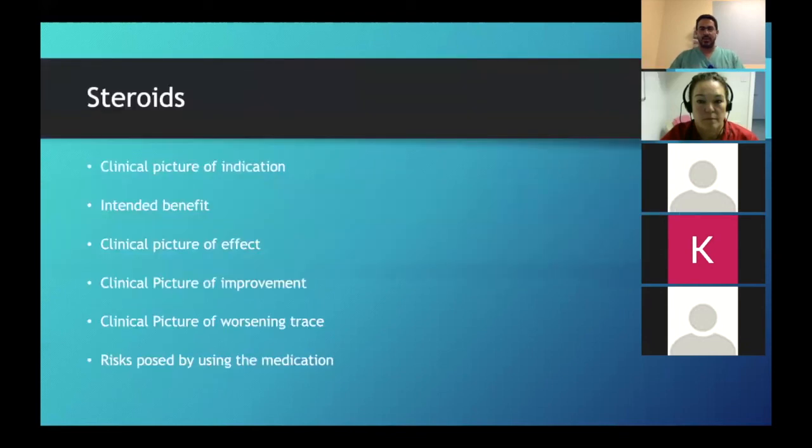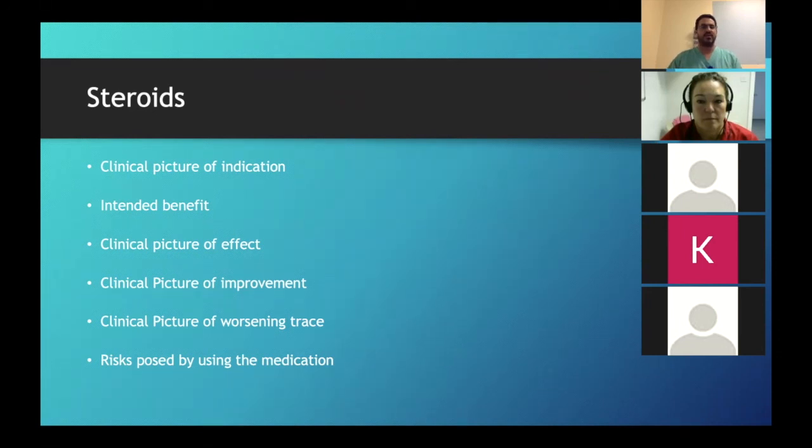Okay. So miscellaneous steroids. Do we know what effects the steroids have on baby? As in the betamethasone that we administer. So we give it for lung maturation. Okay.